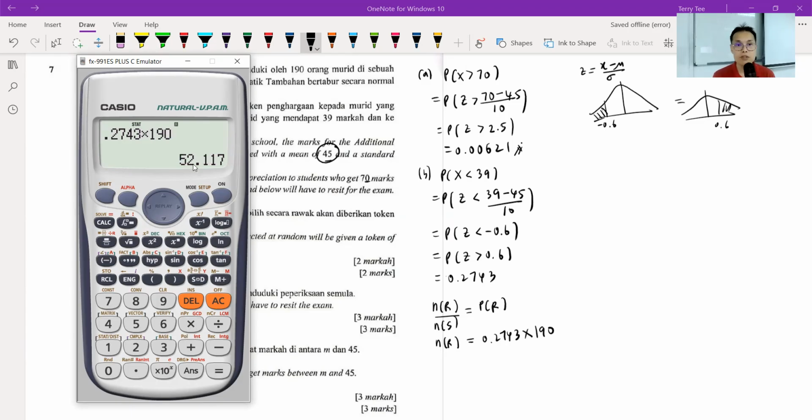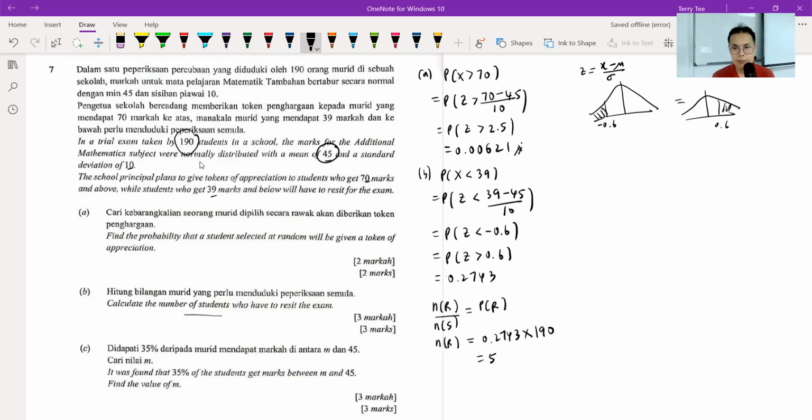There you go, 52.1. Now we normally have to round off because you're estimating number of students. We don't take decimal points. So it's approximately 52. We take the nearest integer, right? 52 students who have to retake the exam.